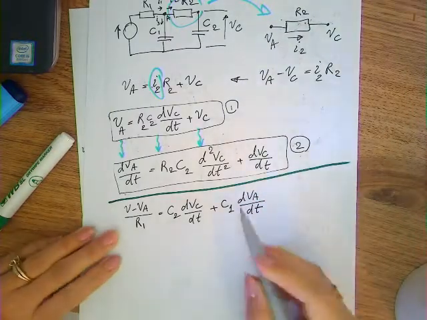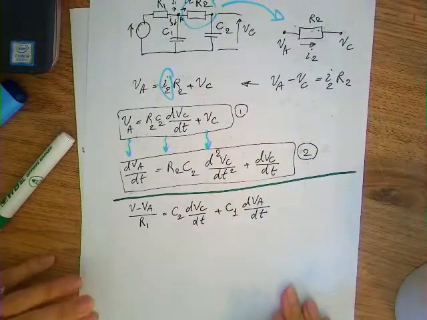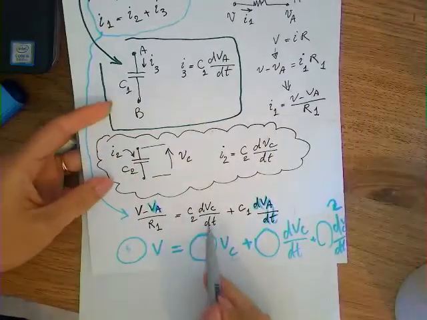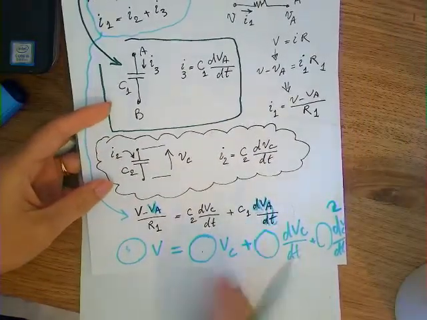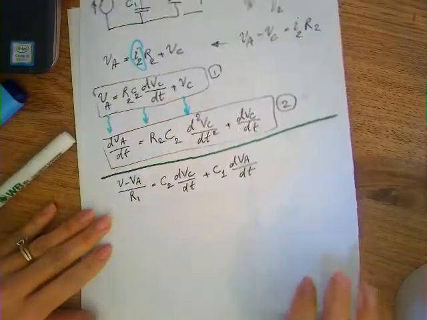And remember that I said we don't like to have VA, we want to have VC or some order of derivative of VC. I'm just double checking that I wrote everything correctly. C2 dVC/dt, C1 dVA/dt. Yeah, correct. Now I'm going to replace that.